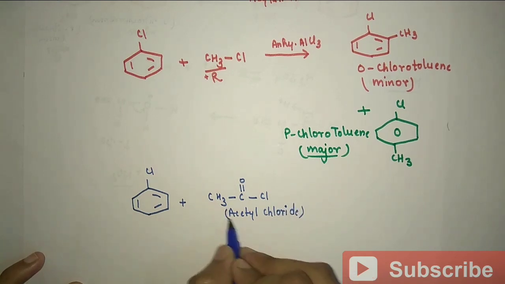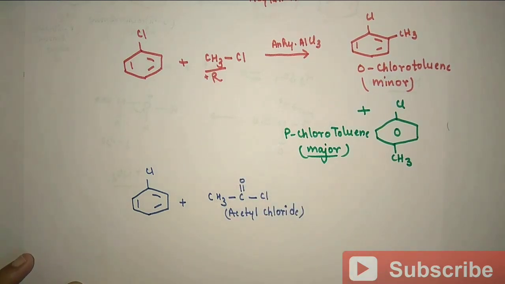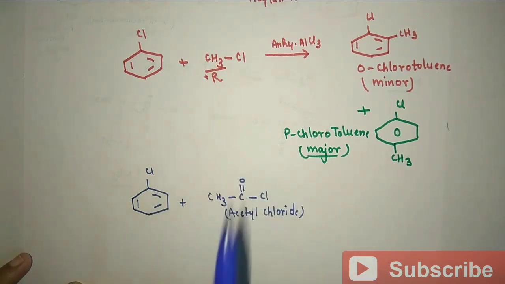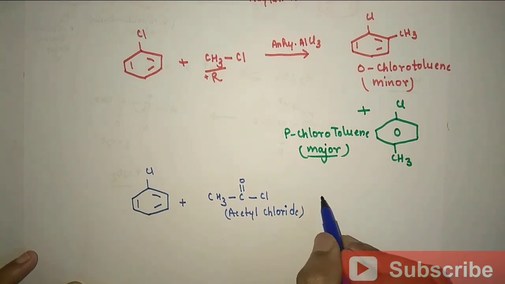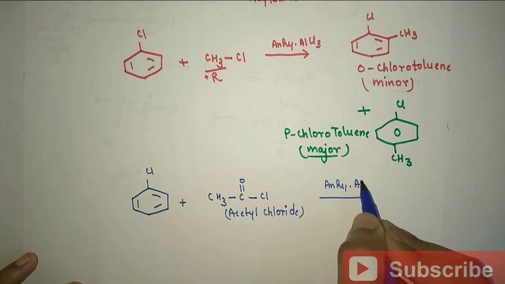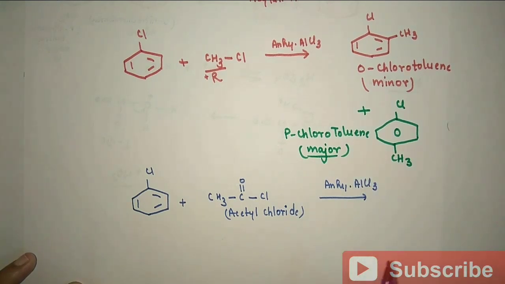The difference between alkylation and acylation is that in Friedel-Crafts acylation we take acyl halide; in this case I have taken acetyl chloride, and in alkylation we take alkyl halide. So what happens when it reacts with anhydrous AlCl3?